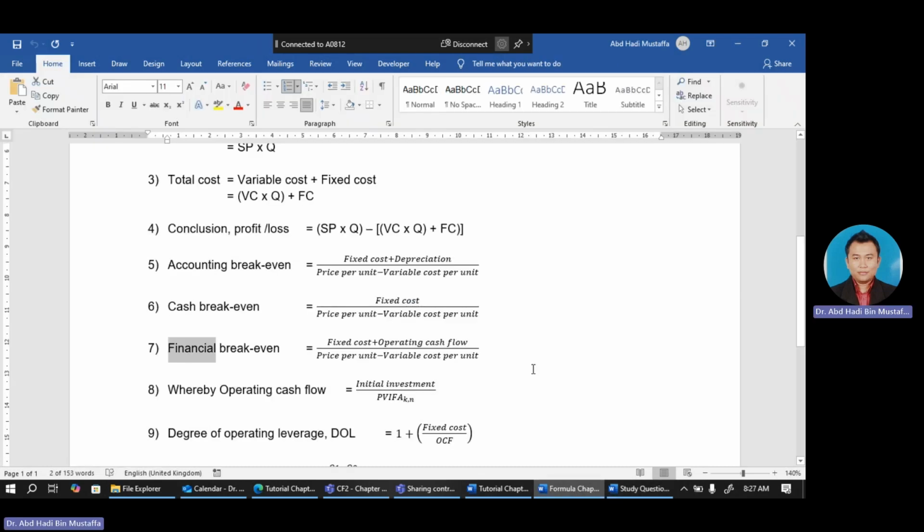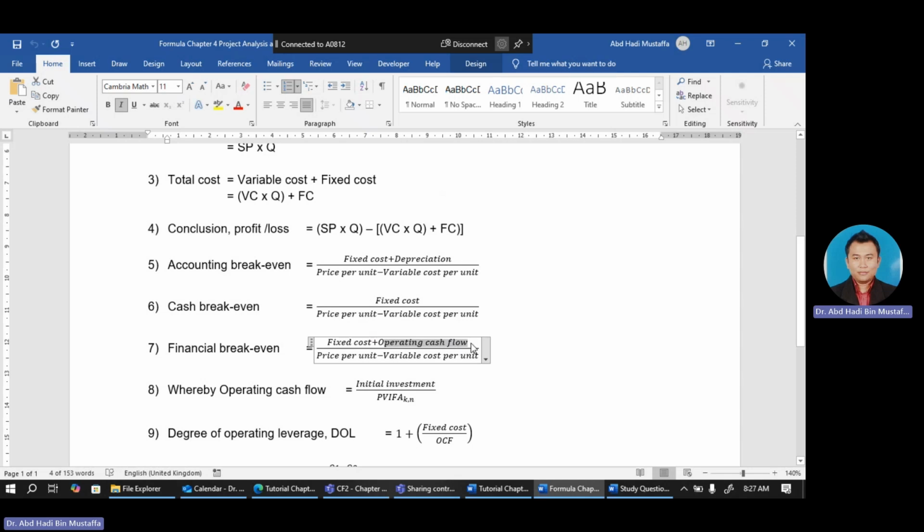But for financial break even, why do we need operating cash flow? Because remember, if you learned finance before, we have three types of cash flow: cash flow financing, cash flow investment, and cash flow operation. CFO, CFF, CFI.